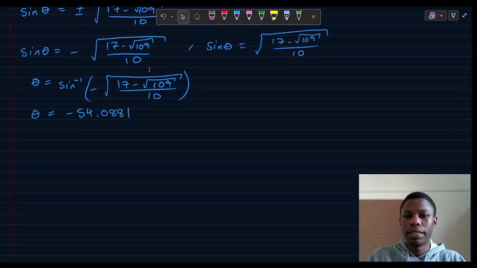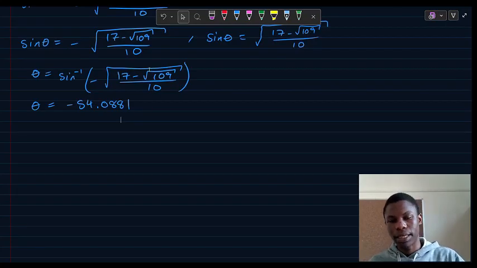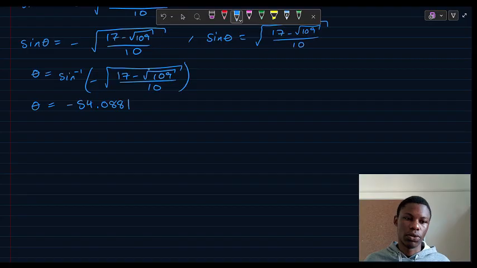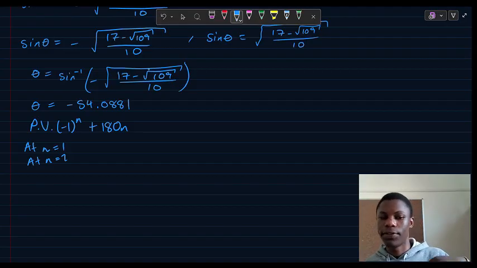And we can use this principal value to see if we've got other solutions within the interval. There's multiple ways you can find solutions within the interval. You can use your CAST diagram. You can use the following formula, PV, minus 1 to the n plus 180n, which you can just try out at n is equal to 1, at n is equal to 2, until you get out of the range that they've given you.